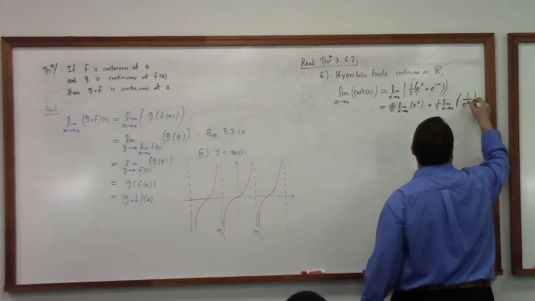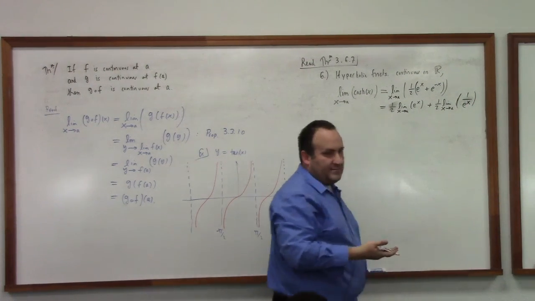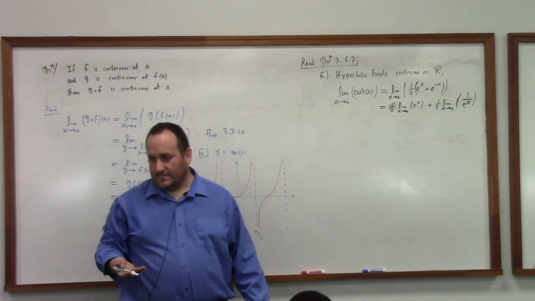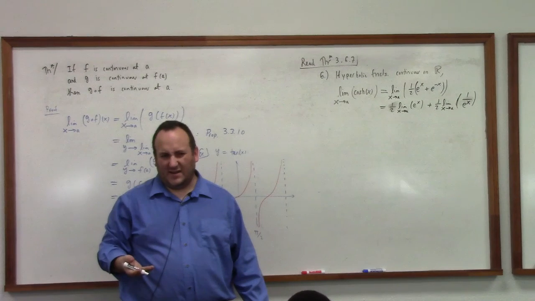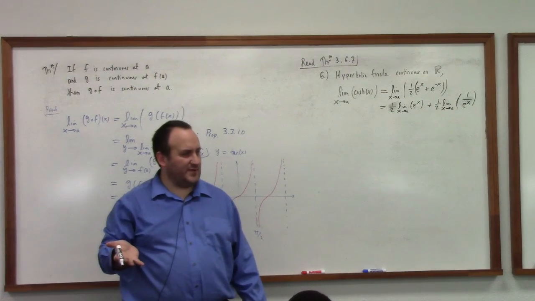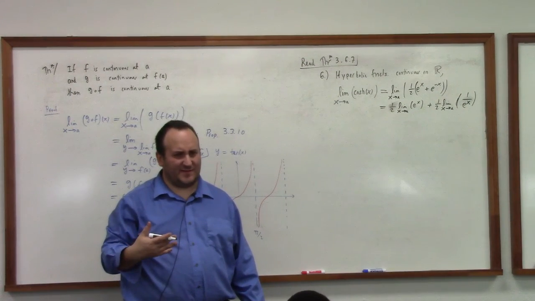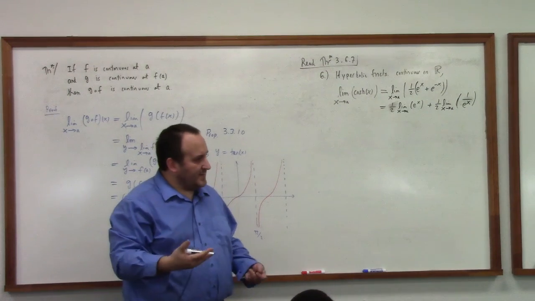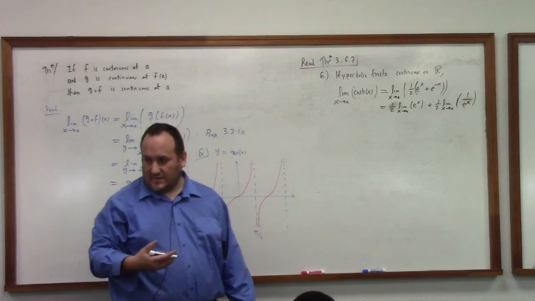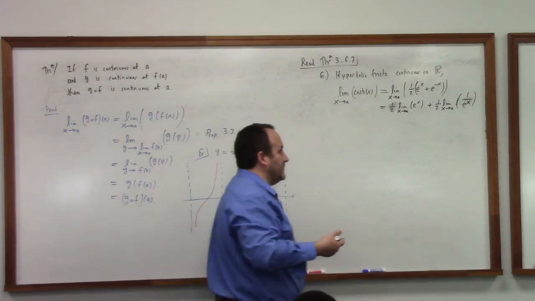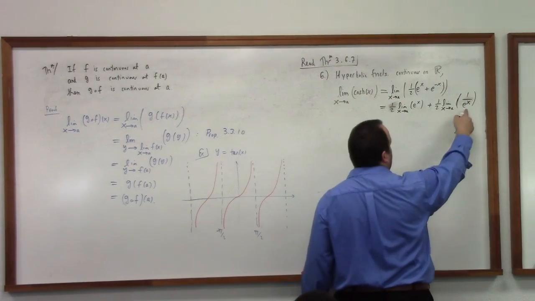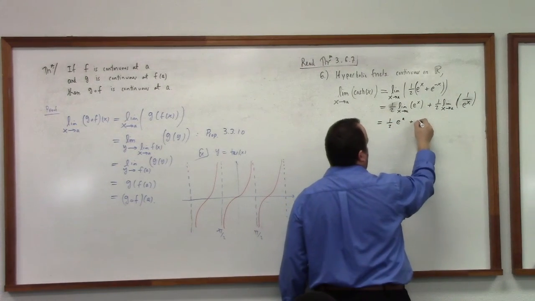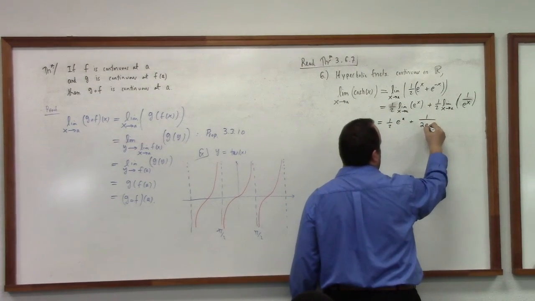So if I know that the exponential is a continuous function, right? And I have a partial proof of that in the notes, but I haven't gone over it in class time because it's technical and not particularly interesting. But you can give arguments to show that the exponential function is continuous. All right, so that is e to the a, and that's 1 over e to the a by the quotient rule for limits, right?